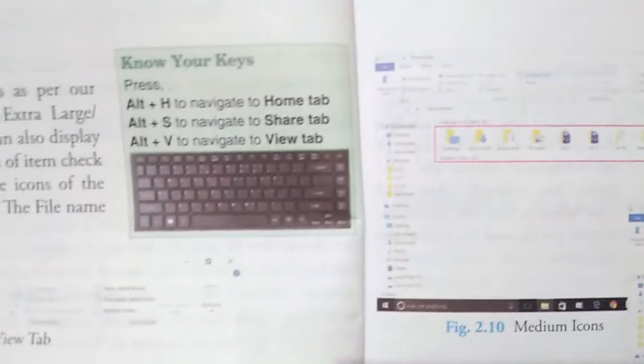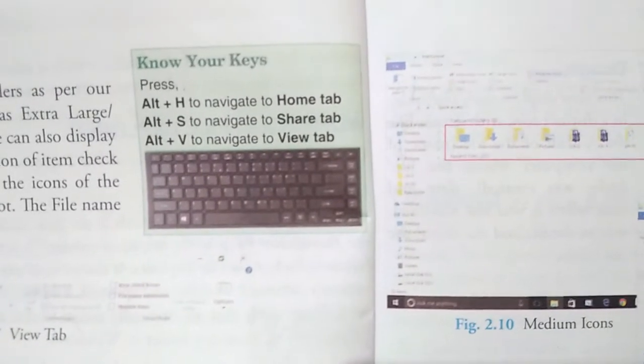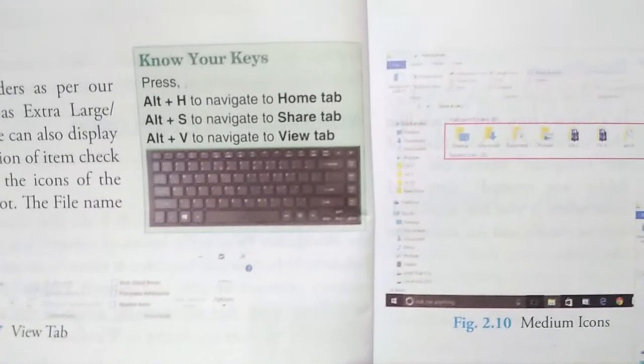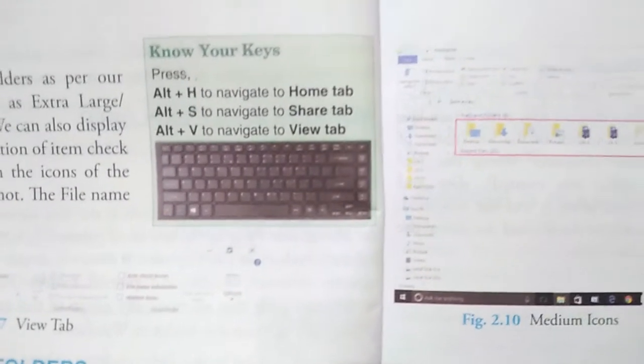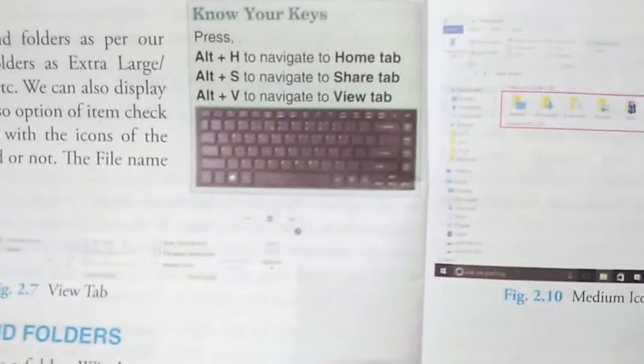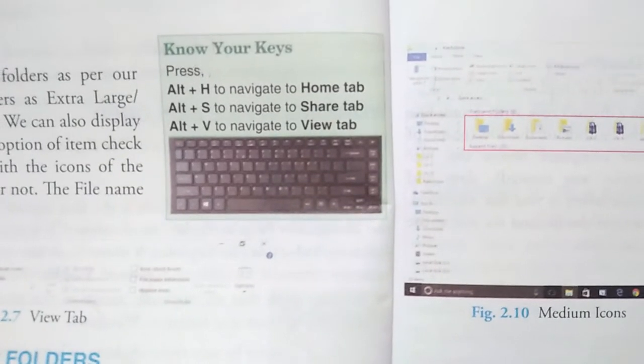But if we know the shortcut key, we can find it within seconds. So students, it's very necessary to learn the shortcut keys, because whenever you become familiar with the computer, you should know about them.